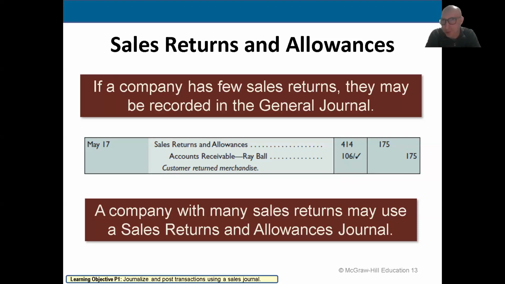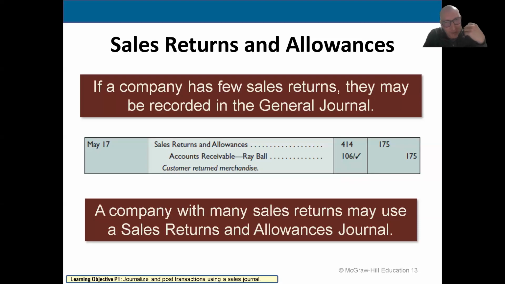For example, sales returns and allowances. Oh, there's that word again. Sales returns and allowances. Every time I hear it, it gives my heart a break, I think. Because it means the customers are bringing back the stuff. Oh my goodness. Nobody likes returns.